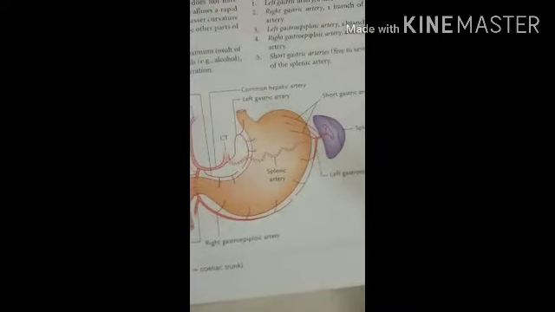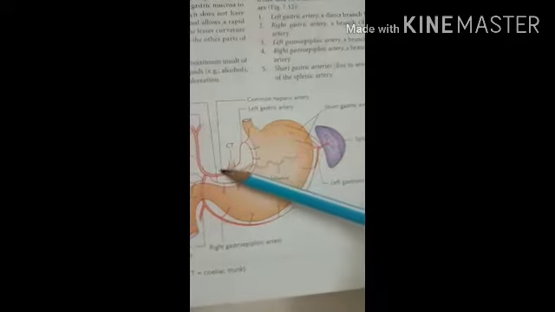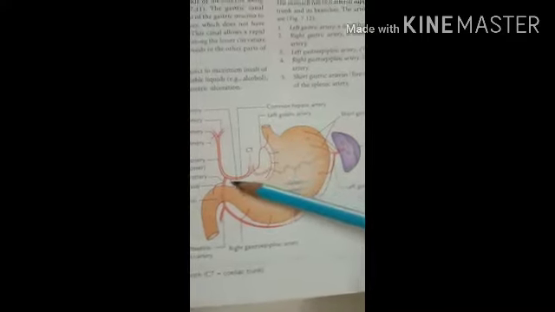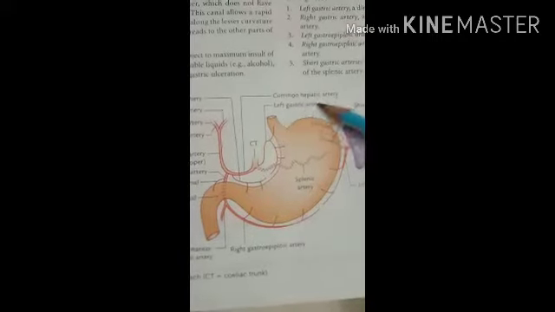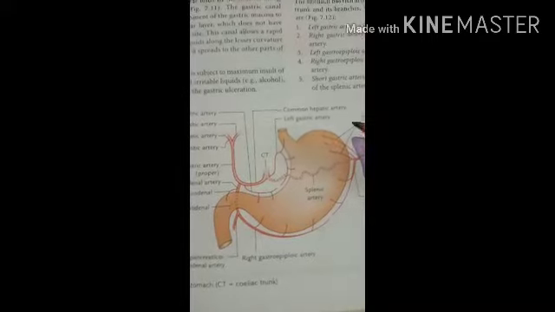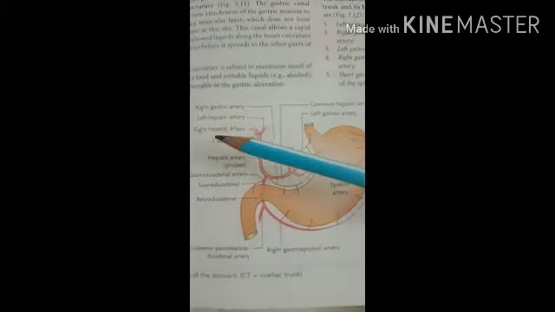The first artery is the left gastric artery, this one, which is a branch of the celiac trunk. Then the second is the right gastric artery, which is a branch of the common hepatic artery, this one.